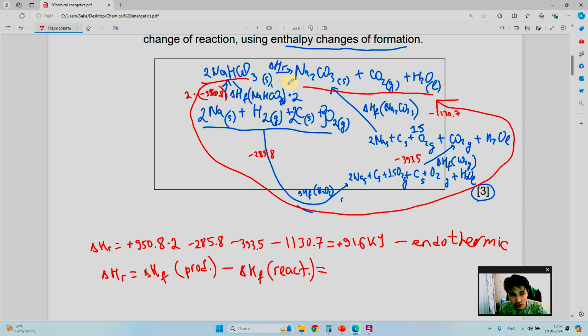So according to our equation, it's a decomposition reaction. As you see, you have one reactant and many products. So this is decomposition, and mostly decomposition reactions are endothermic ones because they require some heat to produce those products. And yes, you're right, this is an example of an endothermic reaction.